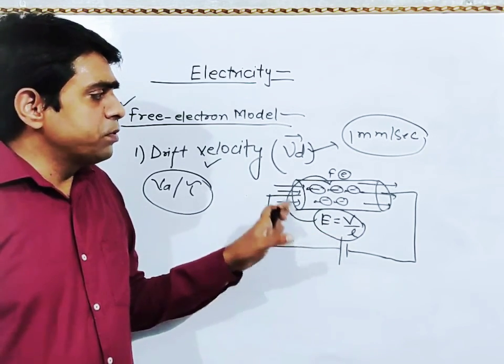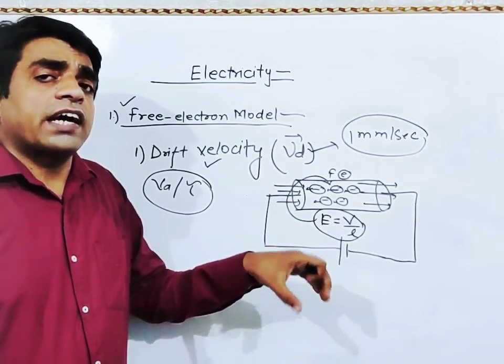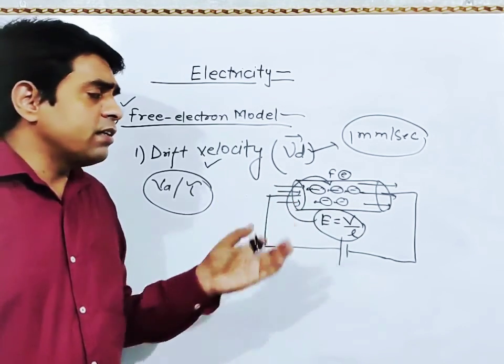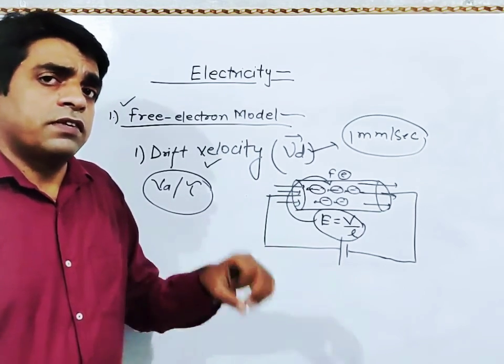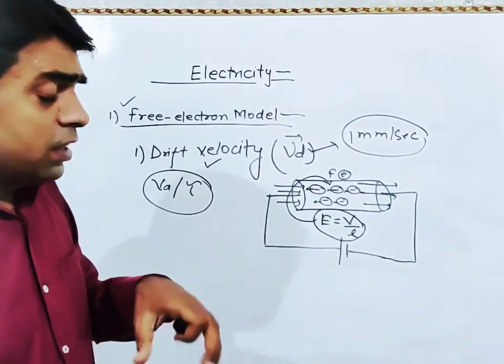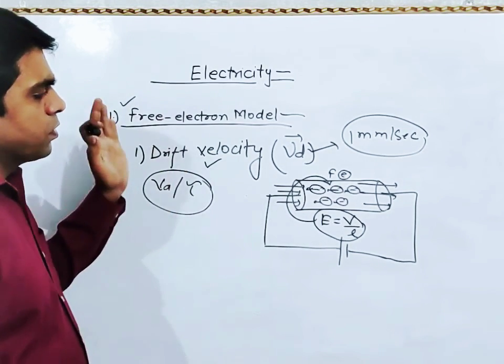Due to the acceleration, they start to drift, and this drifting of the electron in the opposite direction of the applied electric field is called drift velocity.